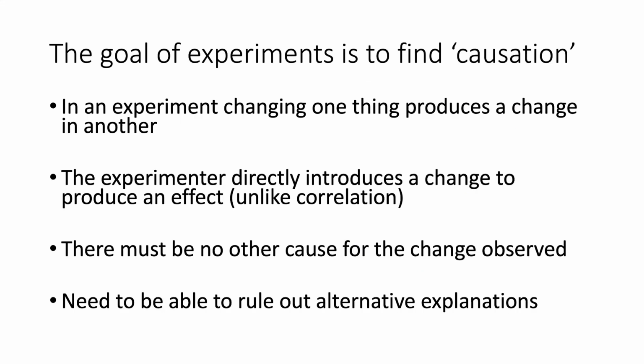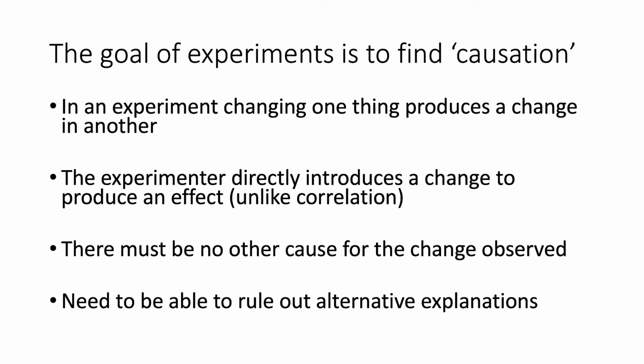So going beyond correlation is experiments, right? And the goal of experiments is to find this causal relationship between different variables. And the logic behind an experiment is that you want to change something to produce another change. And that is something that becomes under the control of the experimenter.